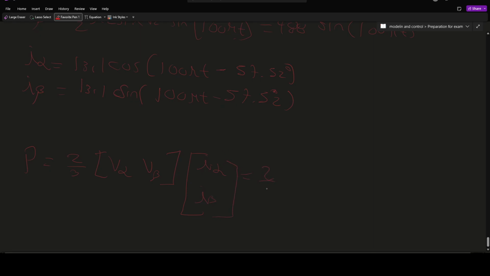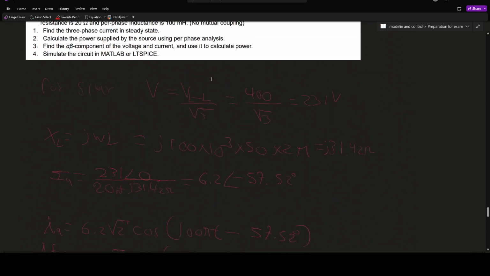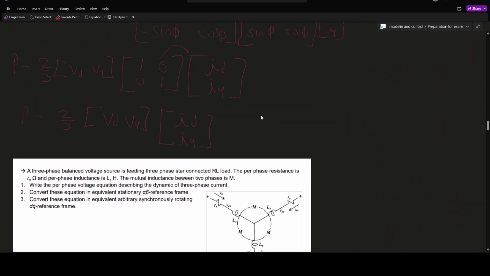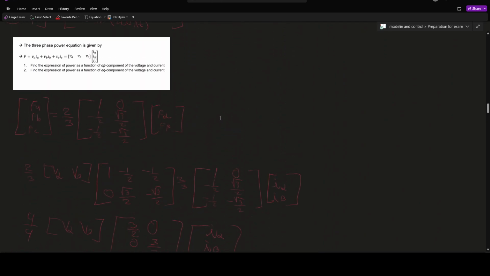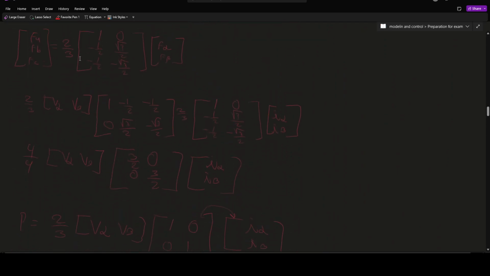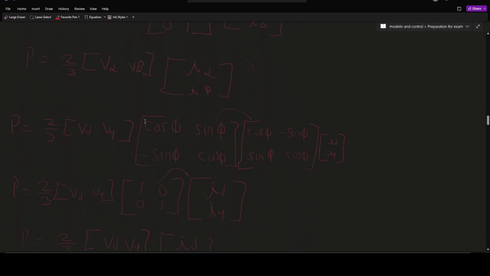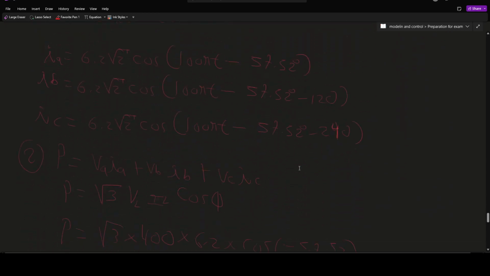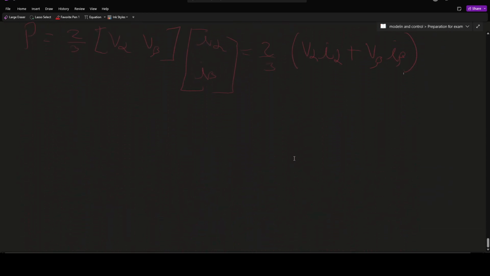So this is the same as having 2/3 of our alpha components multiplied plus our beta components multiplied. You can watch how we did the derivation here. Okay.